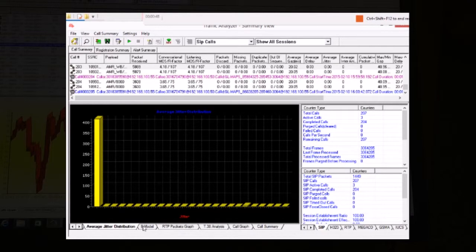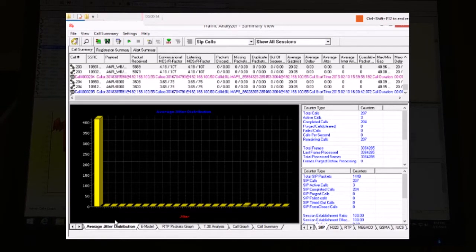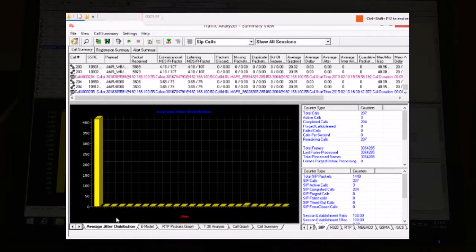The other thing that's very important for packet networks is how these calls are experiencing jitter, and how much jitter they are experiencing in total. So here is a graph of the average jitter distribution. It tells you over time how much jitter all of these packets are experiencing.